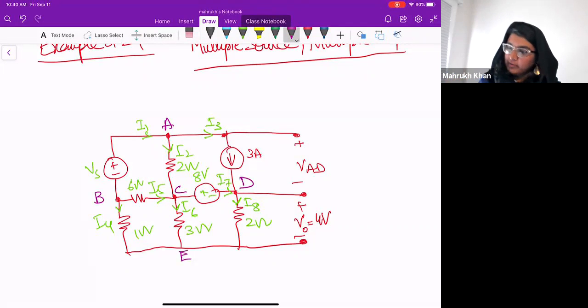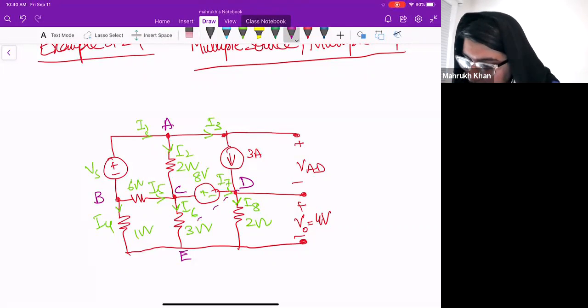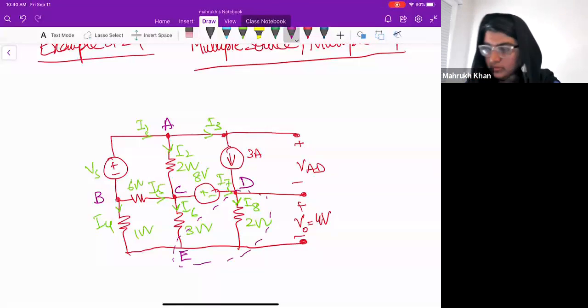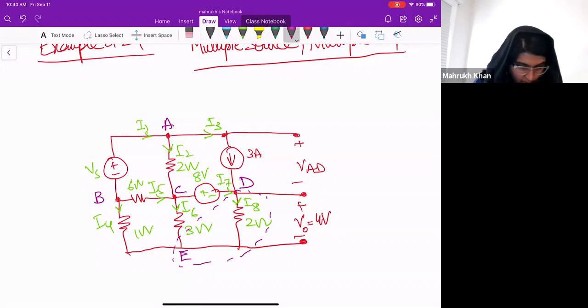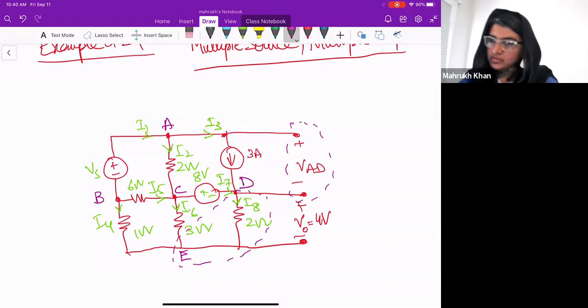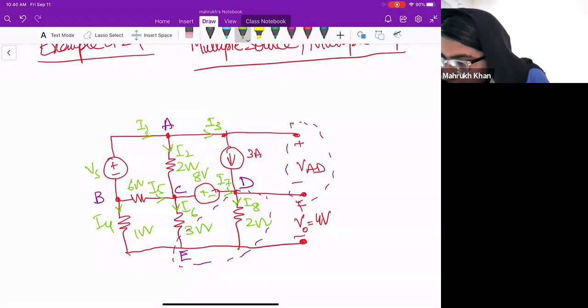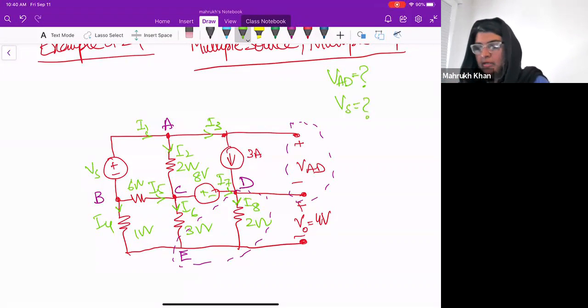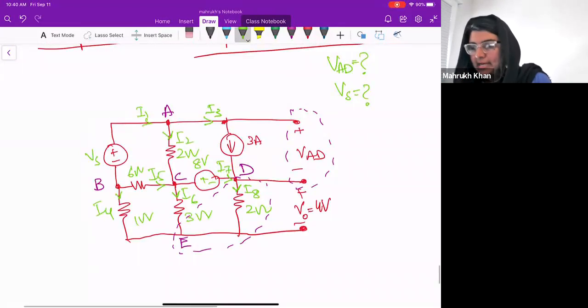So we are given VDE because this thing is VDE that we are given, but we have to find VS and the voltage across current source AD. So we have to find VAD and VS. If we just have to find VAD, we don't have to solve a lot.